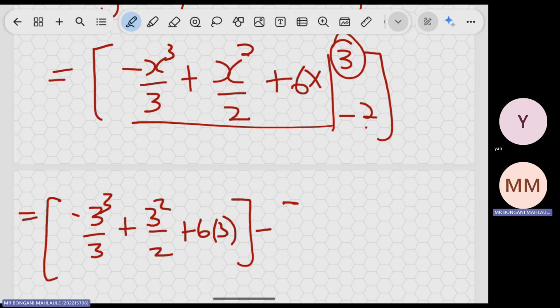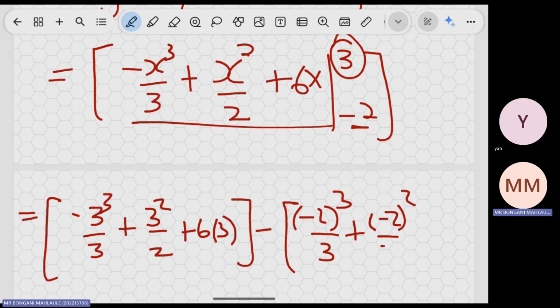Minus, then you put the second point, negative 2.